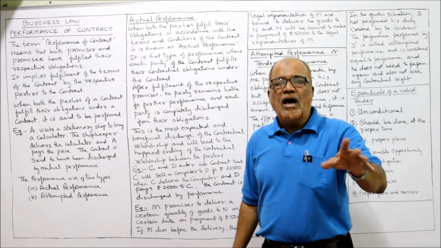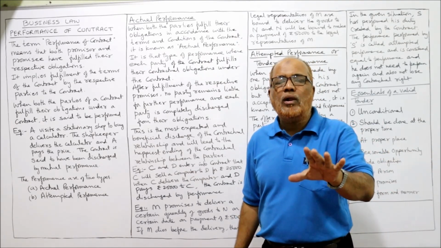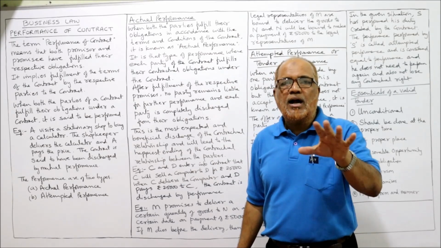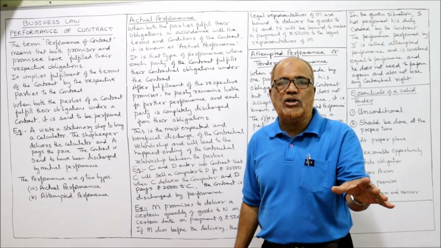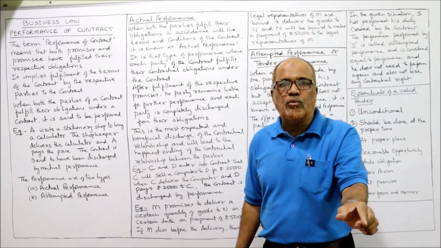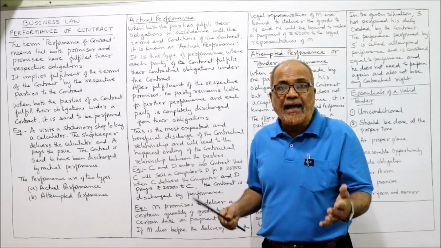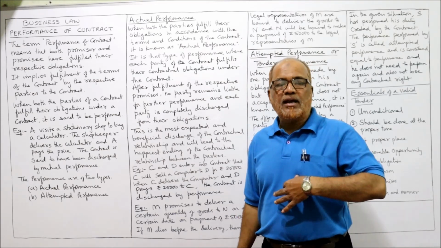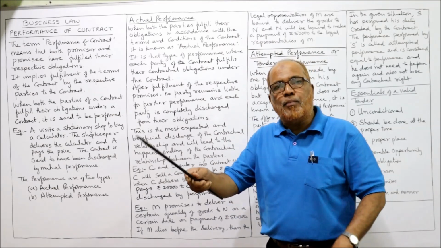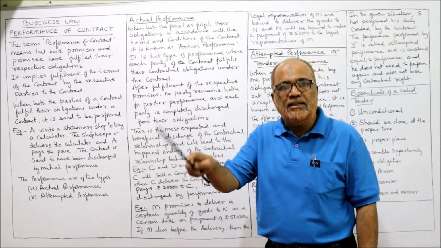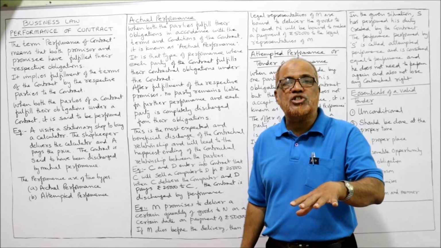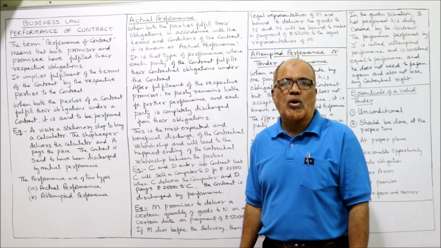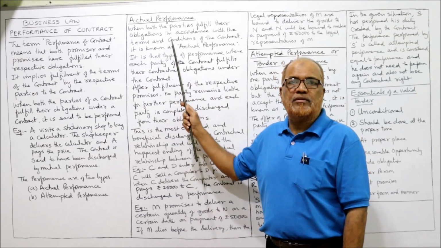Both the parties have fulfilled all the terms and conditions, completed their contractual obligations, then the relationship will come to an end. That is called actual performance. Promisor has completed his obligation, promisee has completed their obligation. Both the parties completed their obligations respectively. It is called actual performance.